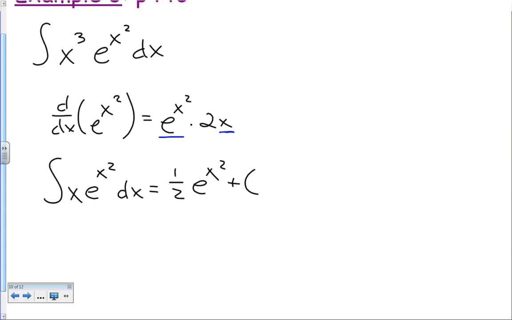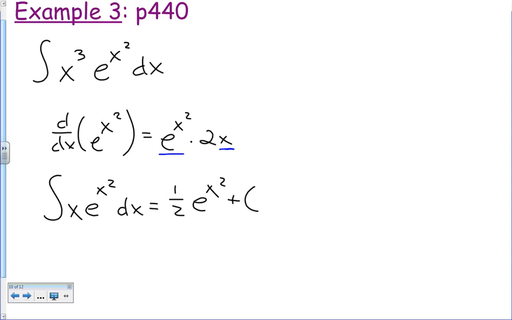So when we go to make our selection here for u and the dv, we're going to use this to help us do that. I'm going to make the dv equal to x e to the x squared, which, if I take an x from the x cubed, means I'm left with just an x squared for u.